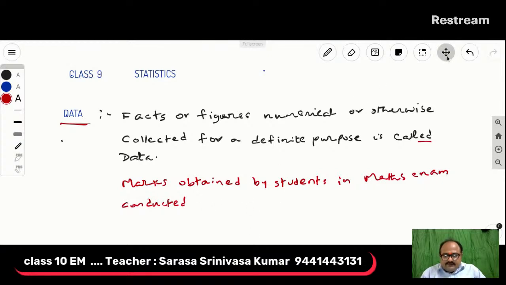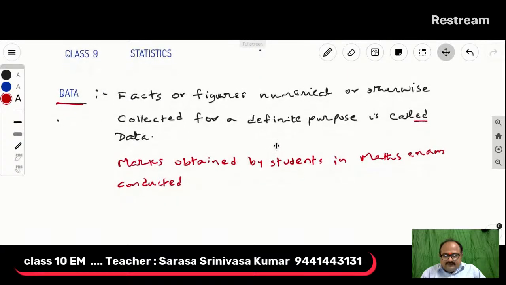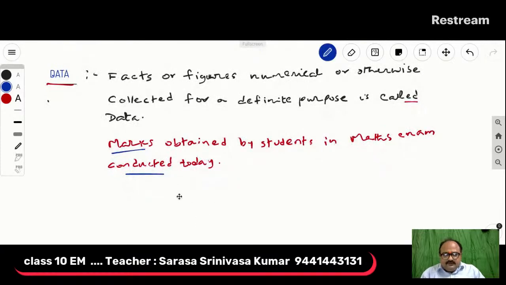Suppose I conducted a mathematics exam today, and I note down the marks of all the students. For example, roll number one. This is roll number one of a student.